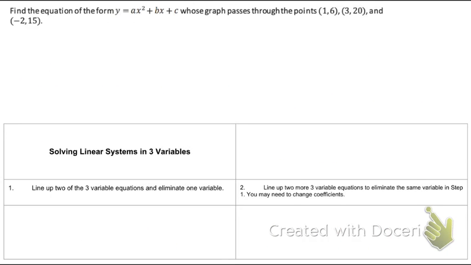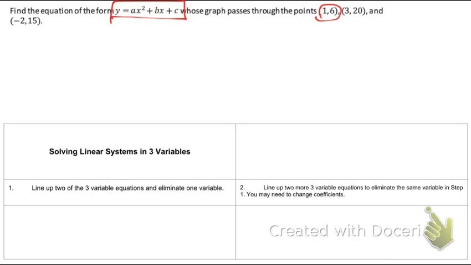Okay. This next one, they give us these coordinates that fit into this quadratic function, into this equation, and then we have to solve for them. So let's look at this first point here. So here's our equation, y equals ax squared plus bx plus c.